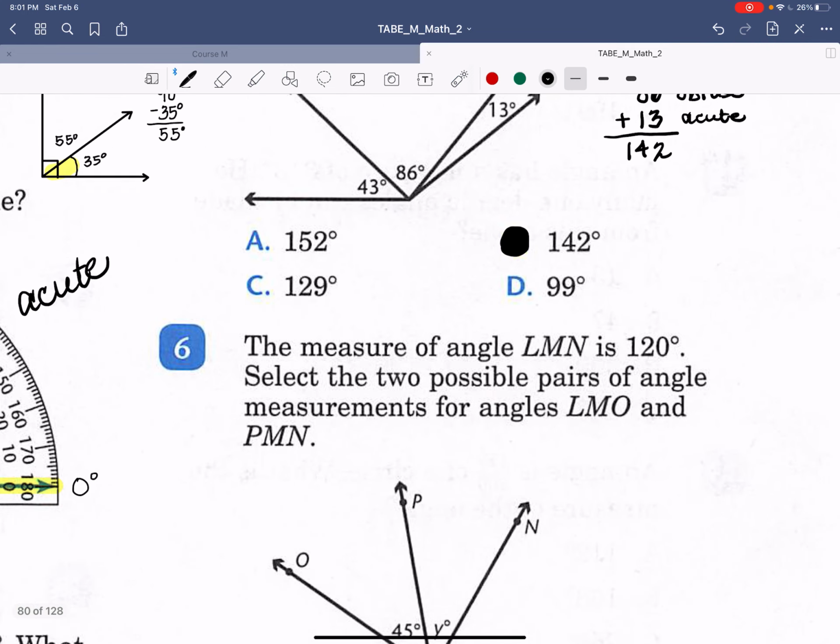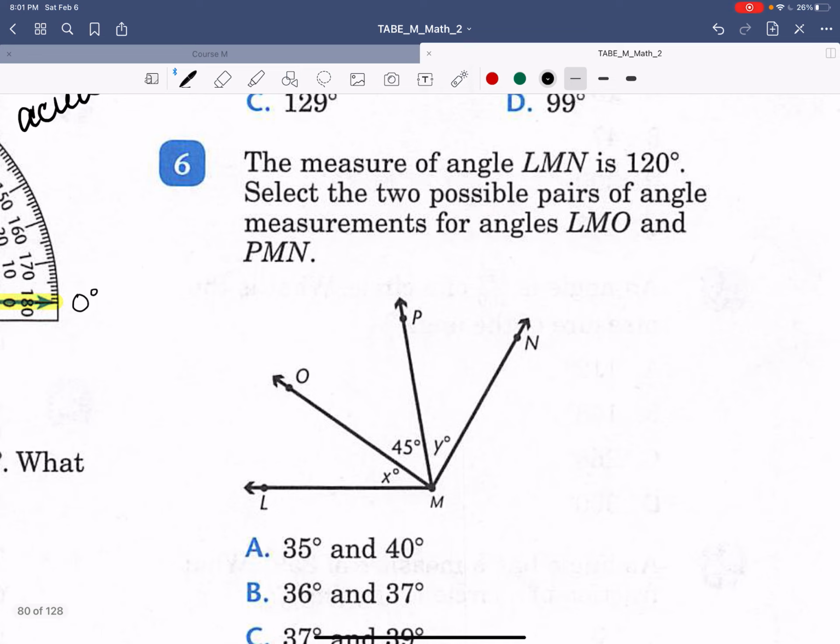Number 6. The measure of angle LMN, so from L to M, and then from M to N, is 120 degrees. So that is an obtuse angle.